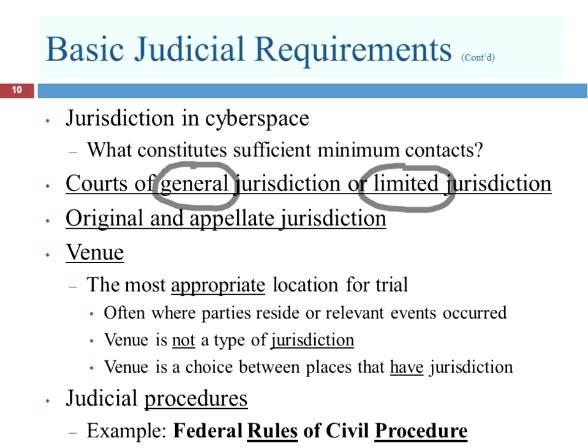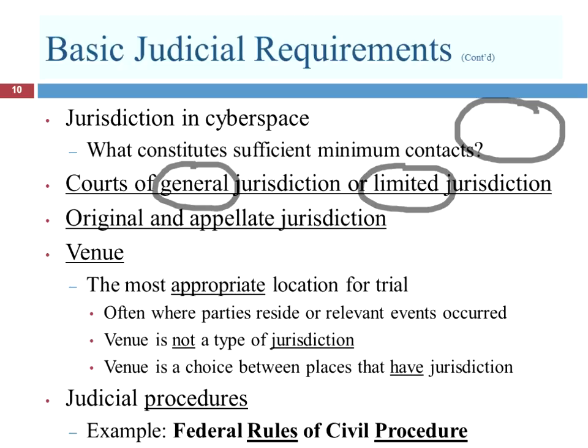So pretty much anything that arises in Collin County, where a certain amount of money is at issue, is going to go into that court. So it's a court of general jurisdiction, meaning that as a general rule, any of the lawsuits in that area could be filed in that particular court.